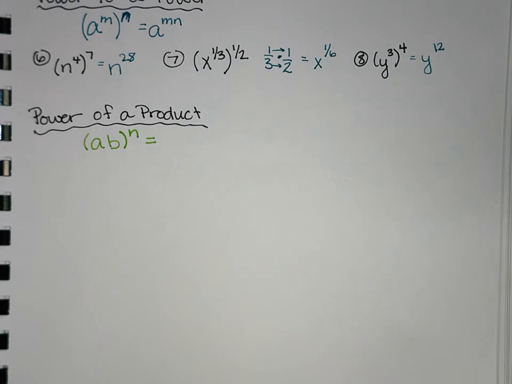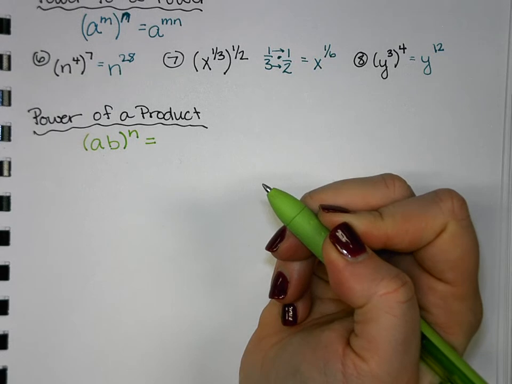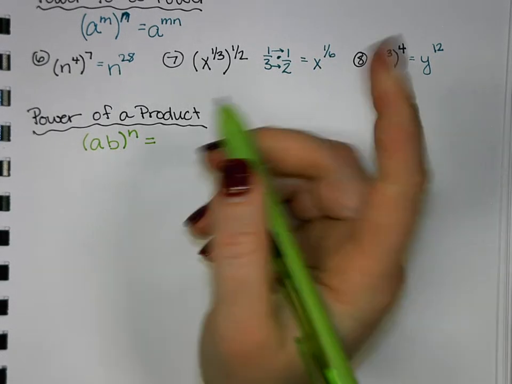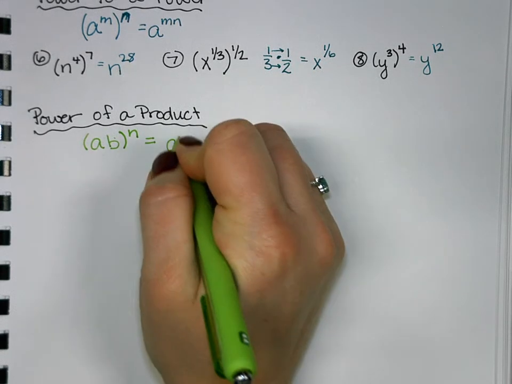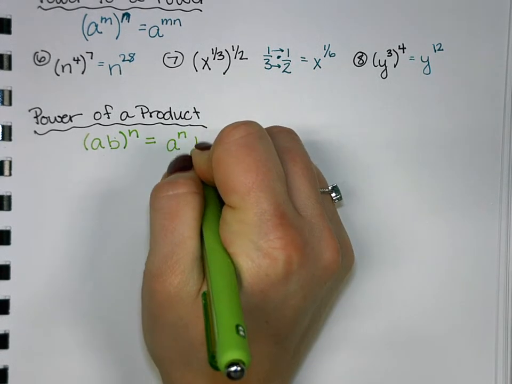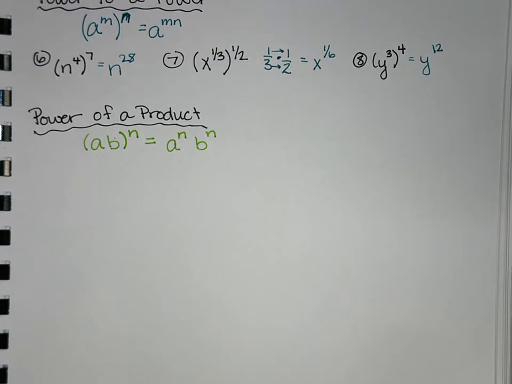So when we have things being multiplied together with an exponent outside the parentheses, what do we do? Anyone remember from 8th grade? Yep, you put that exponent to everything being multiplied. So a would have an n power to it, and b would have an n power to it.